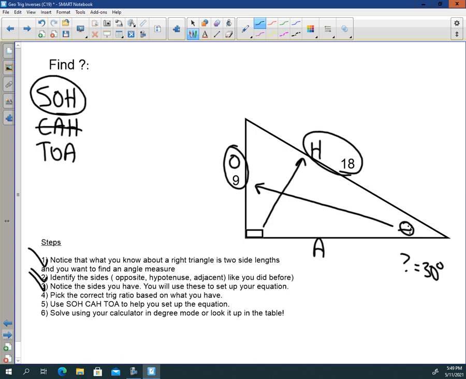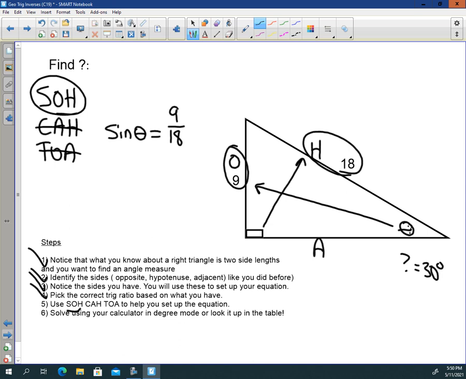These aren't going to be useful. And then we set it up exactly the same way as we did before. We're going to use SOH to help us set up an equation. So now it's going to look slightly different. We're going to say the sine of the angle is the opposite, which is 9, over the hypotenuse, which is 18.